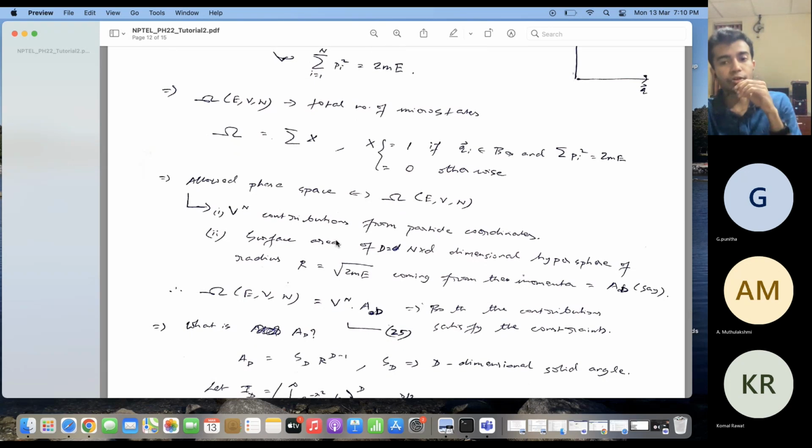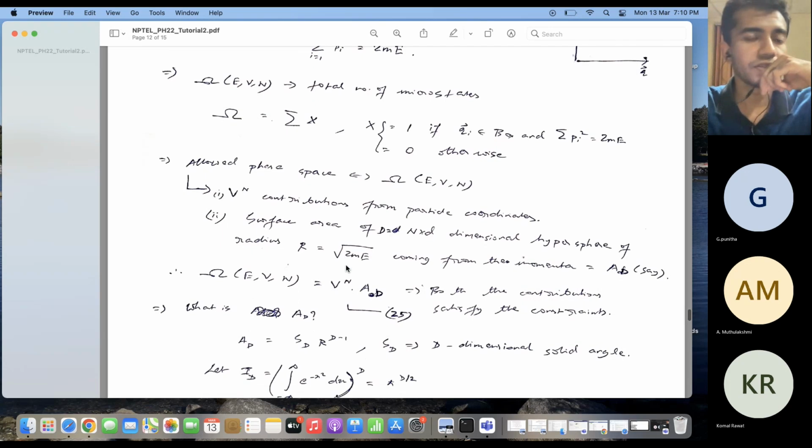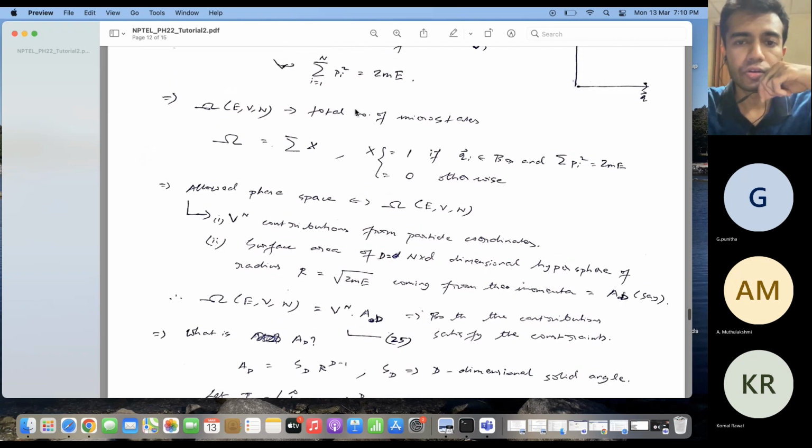And the other contribution to omega comes from the momentum coordinates, which is p. The momentum should follow this constraint. That means if I look at the three-dimensional momentum space, that is px, py, and pz, and for simplicity I'm doing three dimensions here for explaining, then this expression is px square plus py square plus pz square equal to 2mE.